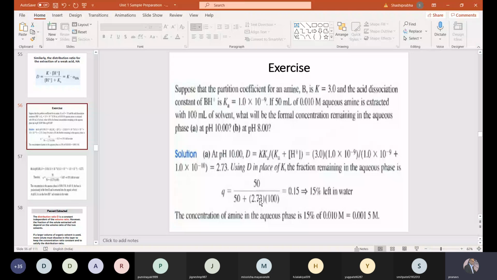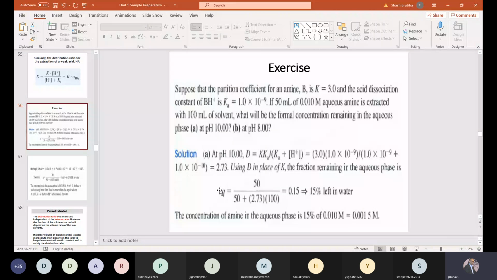With the result, we find that the Q value is now 0.15, or we can say 15% of that amine is left in the aqueous phase.